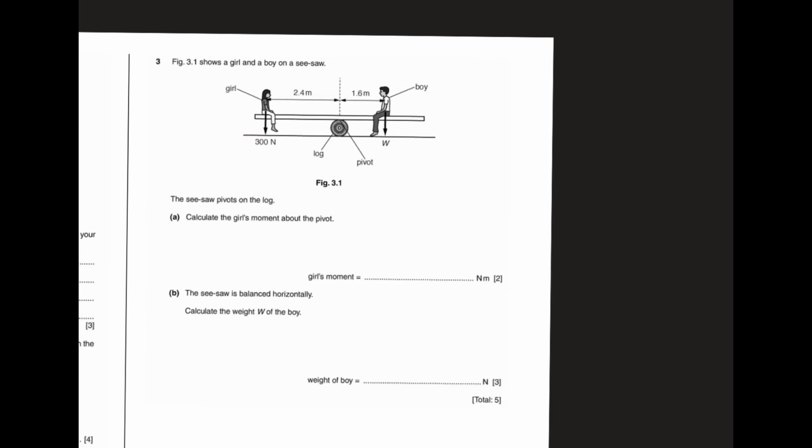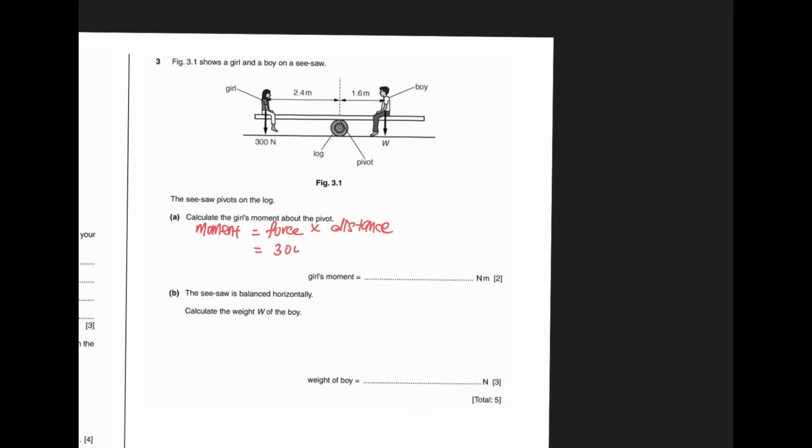So for the girl's moment, we just take force times distance from pivot. So we write down the formula. Moment equals force times distance. Writing down the formula, you get 1 mark.